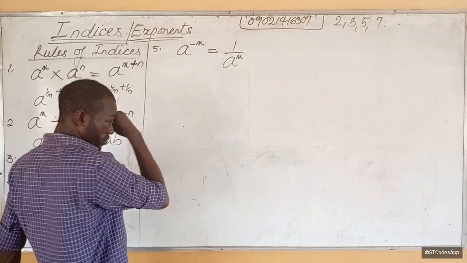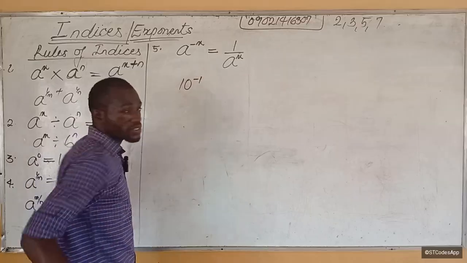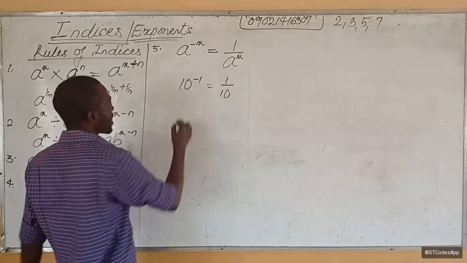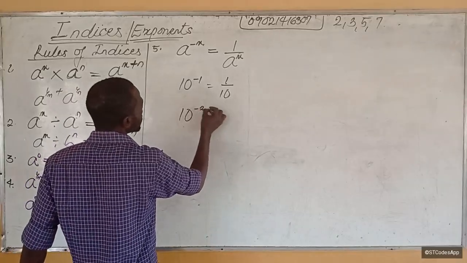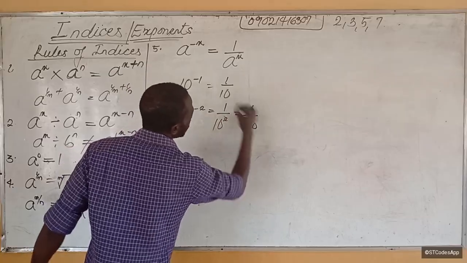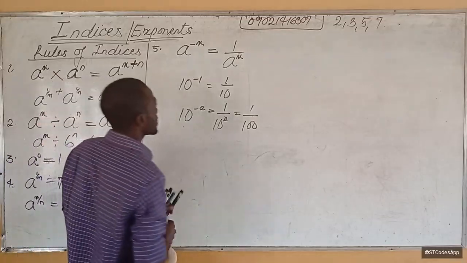Is that clear? So for example, 10 raised to the power minus 1 is the same as 1 over 10. Okay? If I have 10 raised to the power minus 2, it's the same as 1 over 10 squared, or 1 over 100. Is it clear? All right. So that is the negative power rule.